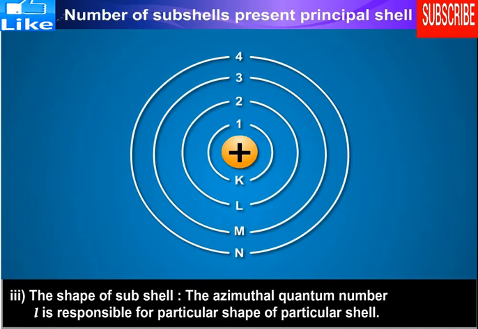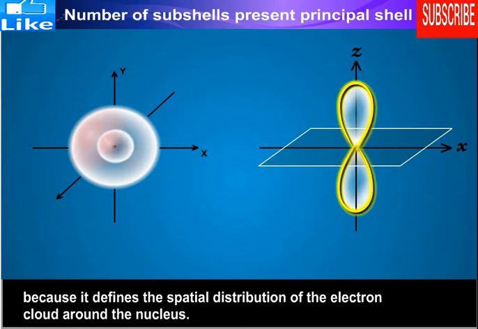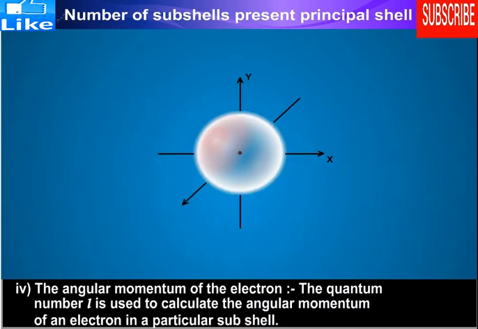The shape of subshell. The azimuthal quantum number, l, is responsible for the particular shape of a particular subshell, because it defines the spatial distribution of the electron cloud around the nucleus. The angular momentum of the electron.